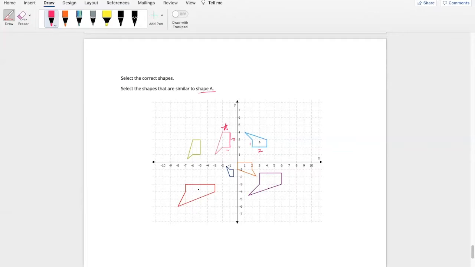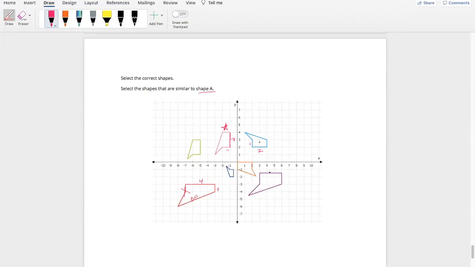This one here, this side stayed 1, but it got a lot longer this way. So this longer side doubled, but see how that step didn't go up? That should have doubled as well. So this is a no, not similar.